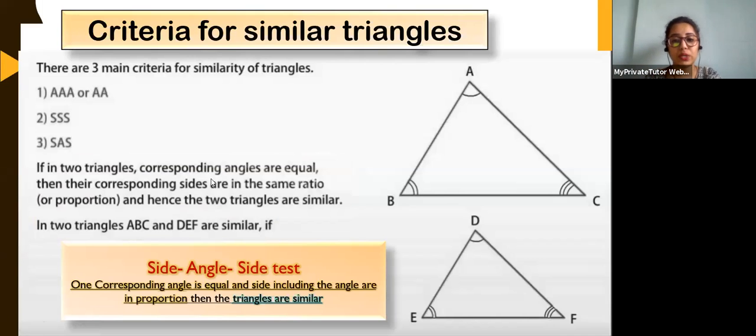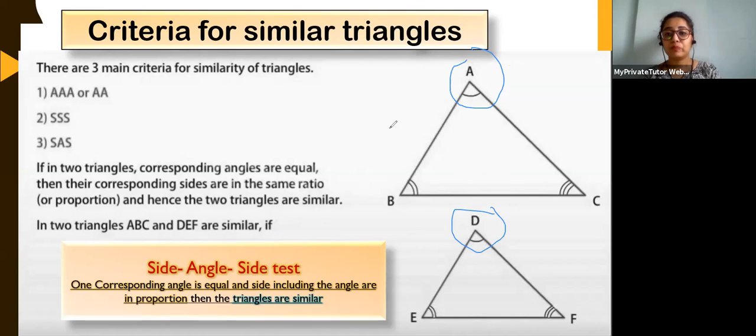Like if you have two triangles, and if only angle A and angle D are congruent, and the rest of the two angles are not congruent, and the sides are in ratio, so one corresponding angle is equal, A and D are equal, and the sides including the angles are in proportion.